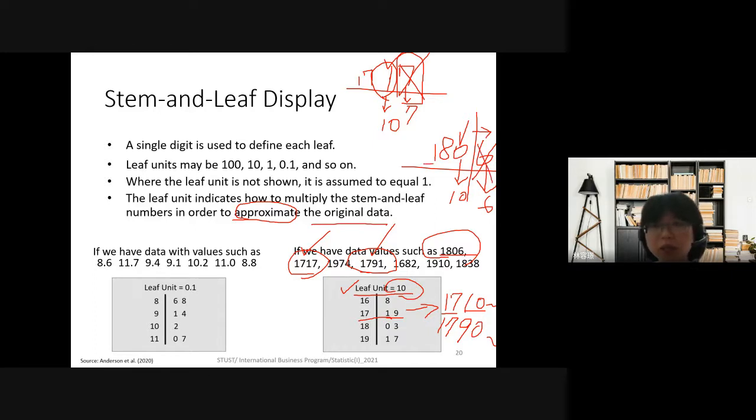So you can express it as 18 0. If you find this table and you know the leaf unit is 10, there must be a number that is approximately 1800, because my unit is 10, so I multiply by 10.